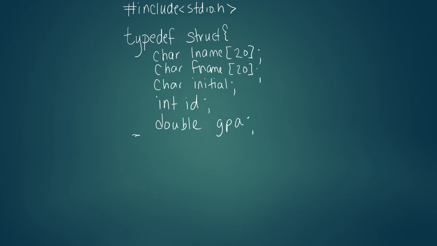All of this information defines my structure. Once I've defined my structure globally at the beginning of my program, I'm able to use this structure, or instances of this structure, throughout my program. Below that would be my function prototypes, and then below that would be my main function.